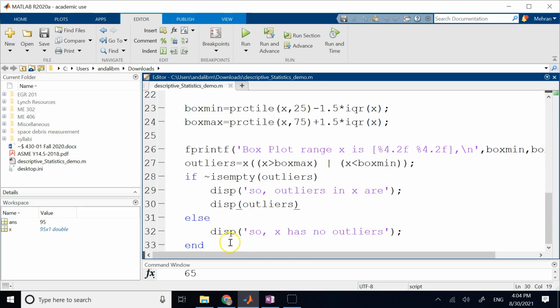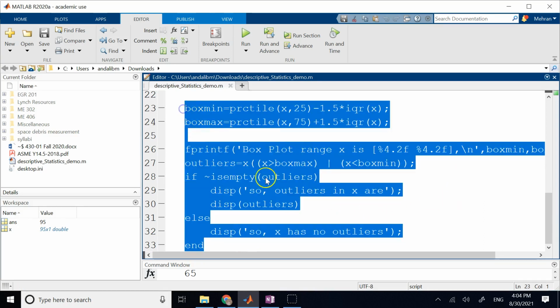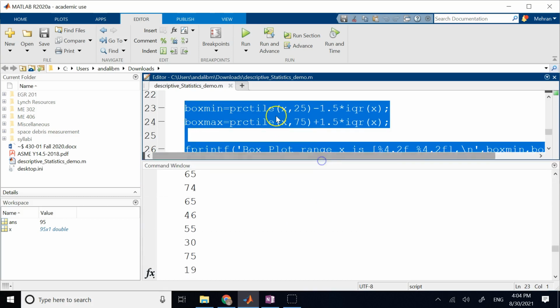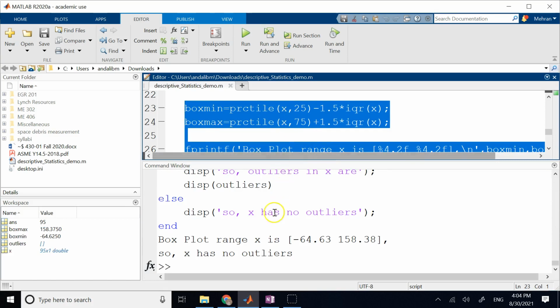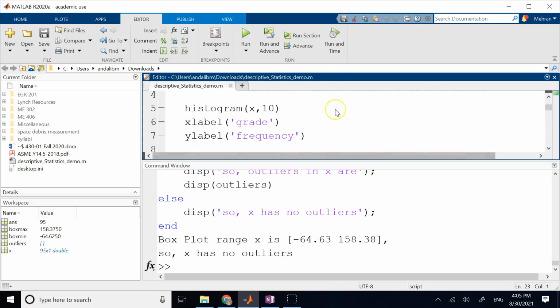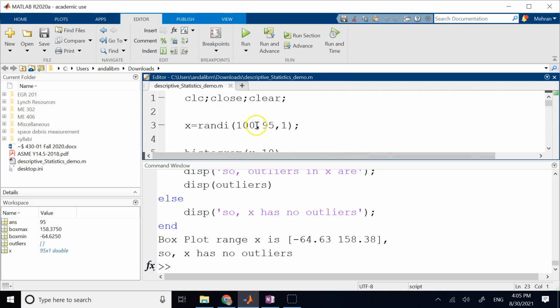So in the case of this example, if I run this code, you see there was no outlier, because the range outside of which can be called an outlier is -64 and 158, and all of my random numbers are between 1 and 100. So there could not have been any outliers.